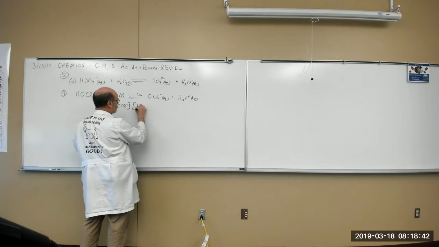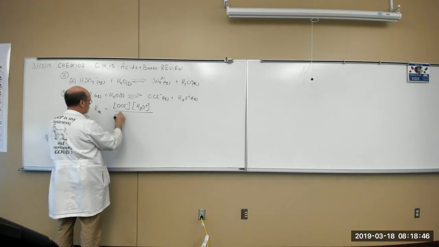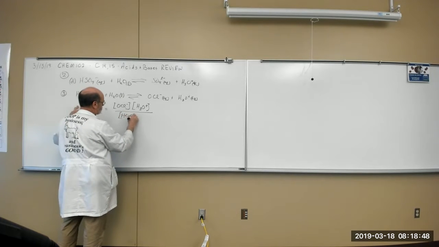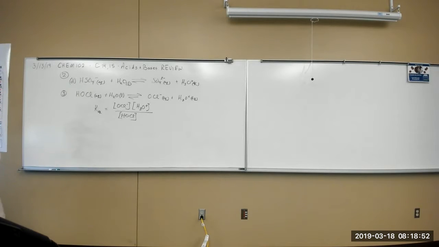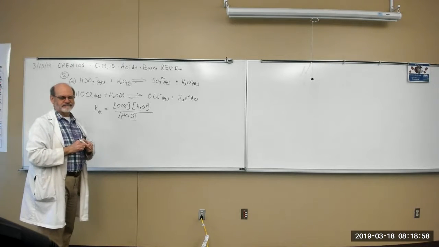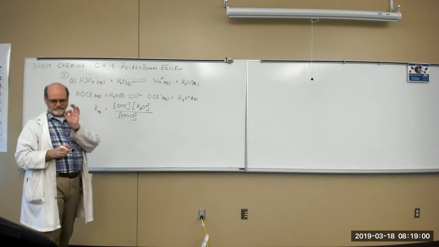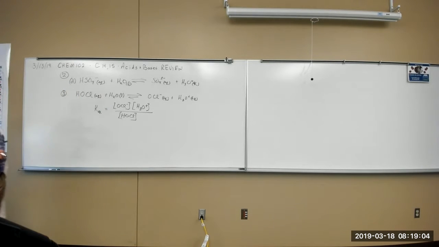And then we need our hydroniums divided by, okay? Now why don't I put water in there? You said when it's pure liquid, it doesn't go in there. Yes. So that's the expression for our dissociation constant for HOCl.